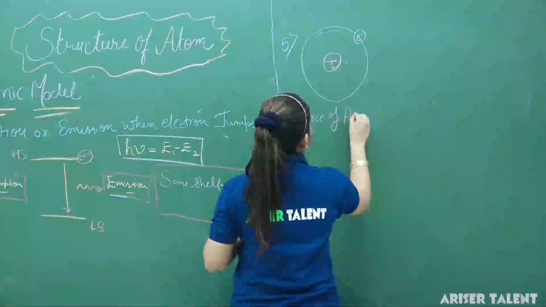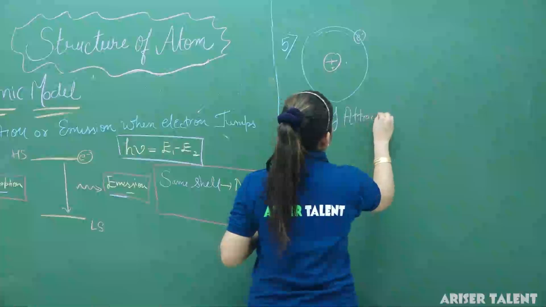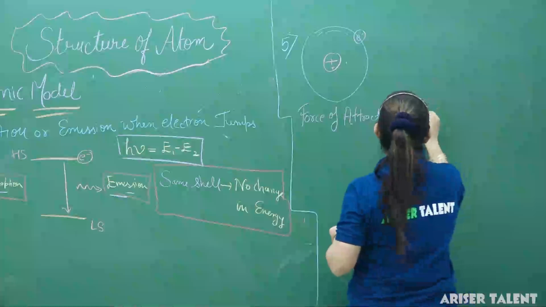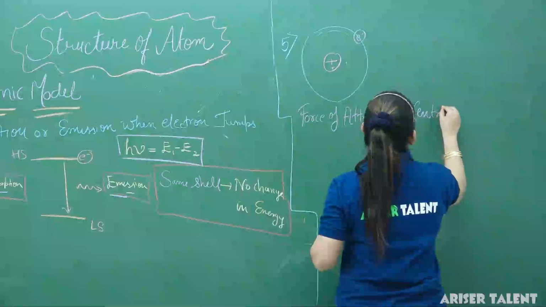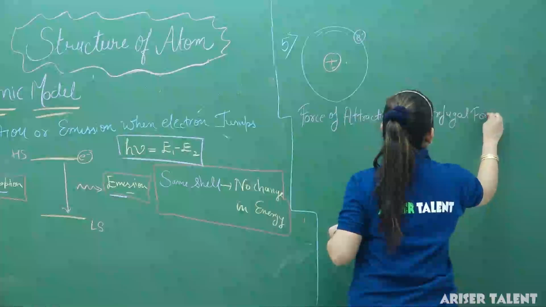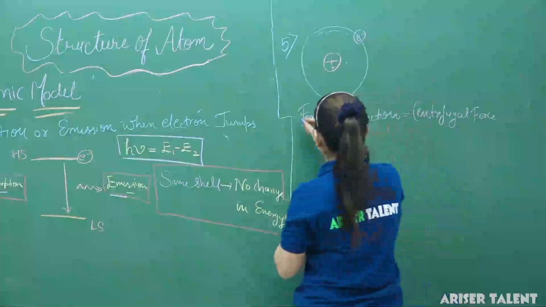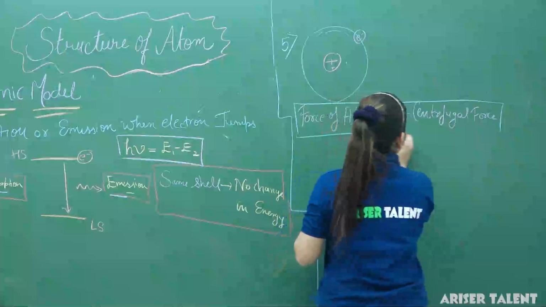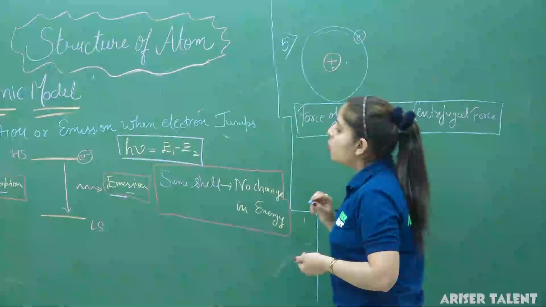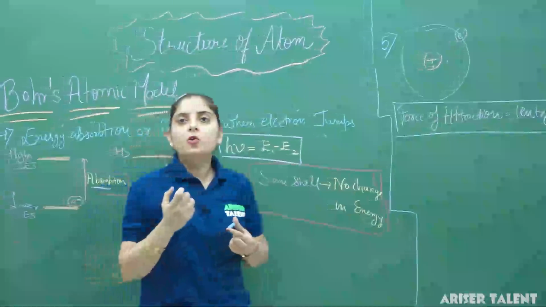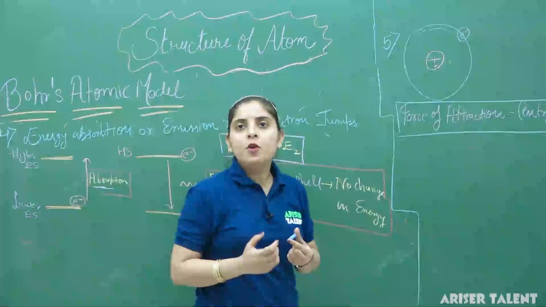So the next postulate is that the force of attraction between electron and proton will be equal to the centrifugal force. Now, proceeding to our next postulate about the Bohr's atomic model, the electron will revolve in a certain orbit.